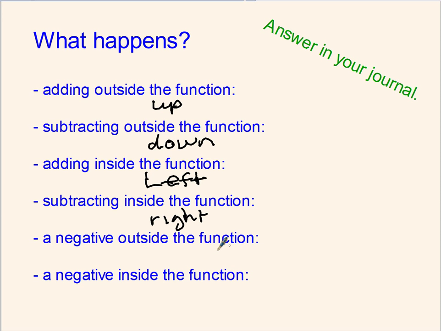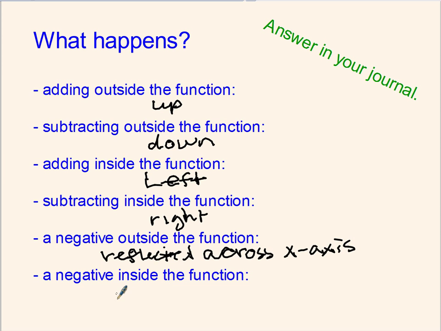When there was a negative outside the function, we reflected, oh heavens, across the x-axis and changed all our y values, right? Took the opposite of all your y values, x values stayed the same.